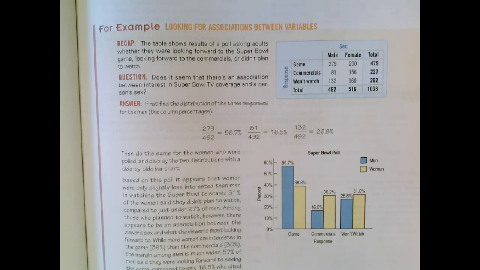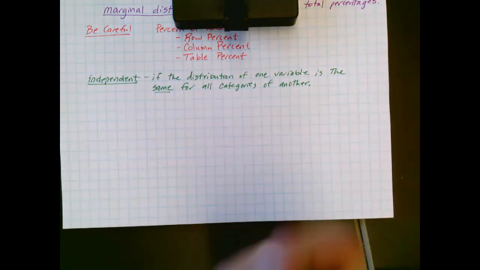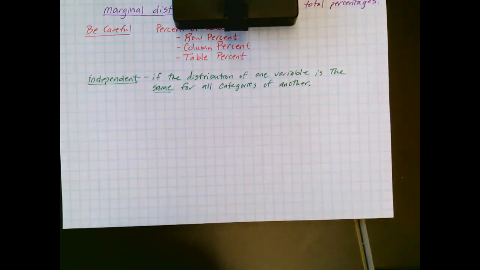And if there's an association, that means there is a dependence as well. So these are not independent, they are dependent upon each other. Does that help? So if the bar graphs are the same, it's independent. Or if you're looking at a contingency table, if the percentages are the same, it's independent. And if it is independent, association or no association?